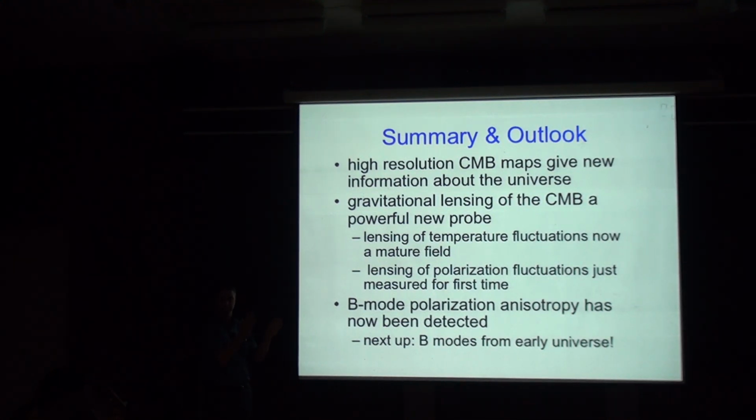If it's the same map, then you get the square of the square root, which means you get the full noise. If one of your maps is noisy and the other one is good, then you get the square root of noisy, which is better. The square root of noisy is smaller than noisy. And if you have two good maps, well, then the square root of good squared is good. So what it gains you is that you only get one power of your noise instead of two. Basically, that's what it comes down to.